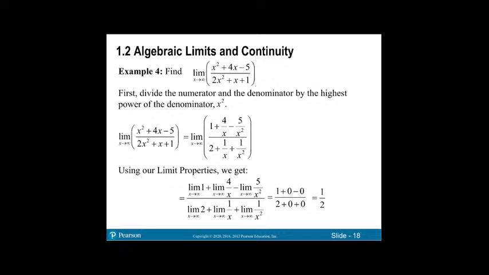So the first one turns into a 1, then we get this result here that you see. Now if we let the limit as x gets really large, the first one stays as is. 4 divided by a really large number is essentially 0. This is 0, and this is 0. And so then we're left with 1 by 2.